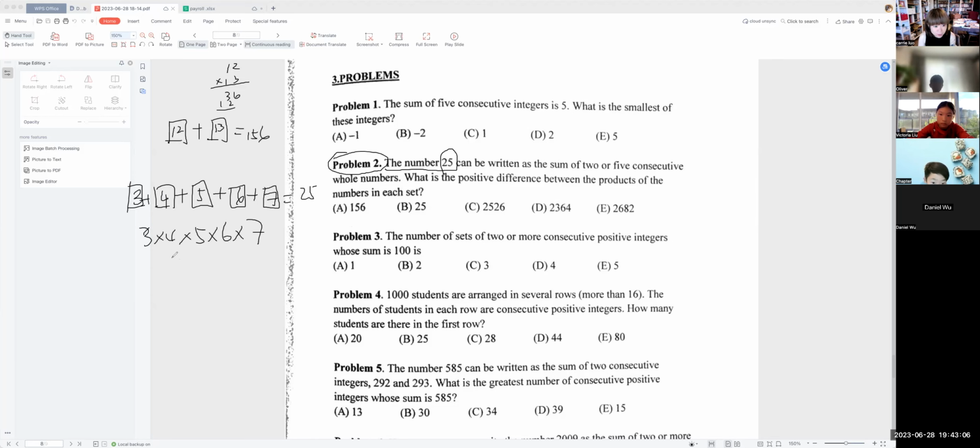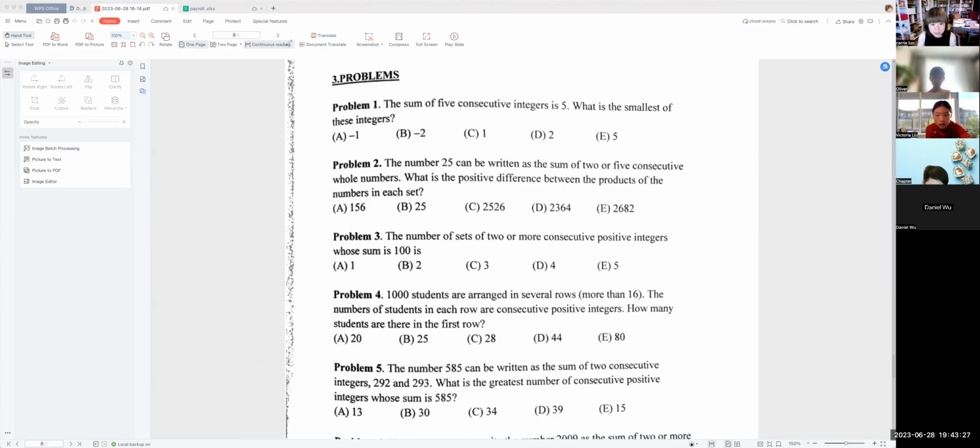So times together equals what? Equals 42 times 3 equals 126 and times 20 equals 2,520. So minus 156. So the answer is 2364. Very good.